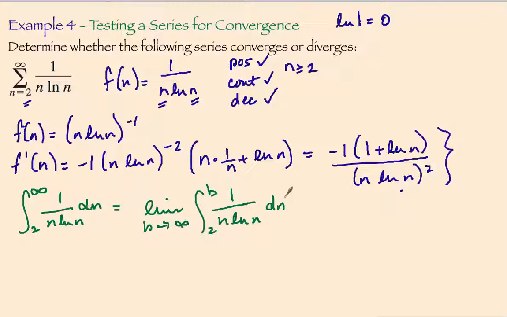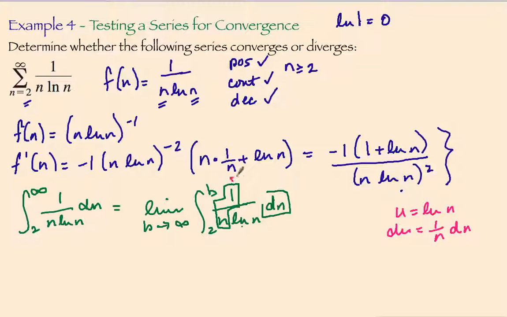Now you might be able to see that this dn and this 1 over n part is the du of natural log. So if I go off to the side here and say, let's let u equal natural log of n, the du is 1 over n dn.